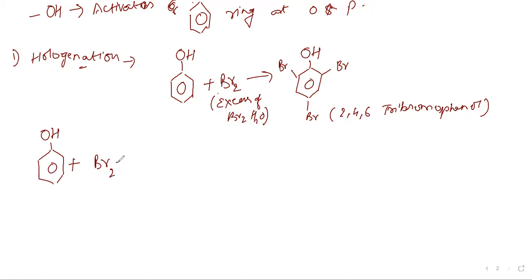We have bromine, this time in a non-polar solvent. Here we had a polar solvent, which is water. CCl4 or CS2. When your solvent is non-polar, the product that you will get is 2-bromophenol, or ortho-bromophenol.